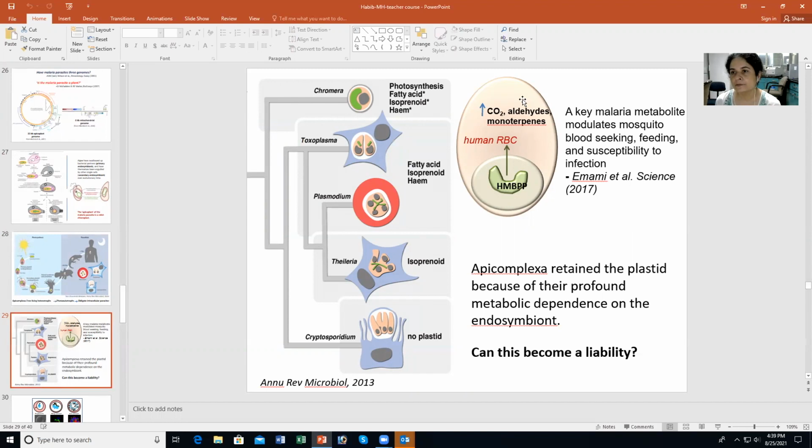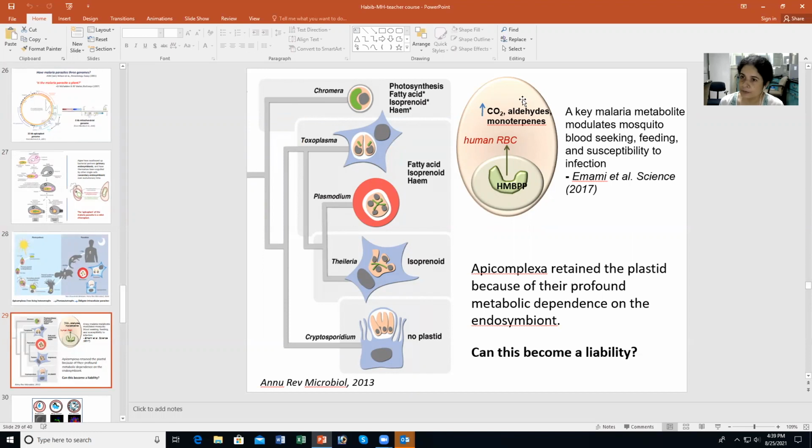In terms of drug discovery and development, the apicoplast is very interesting, not only for its biology, but for people looking for antimalarials, it's also an interesting site to look at. Apicomplexans have retained the plastid because they are profoundly dependent on its metabolism, and the endosymbiont is therefore very important for parasite survival.